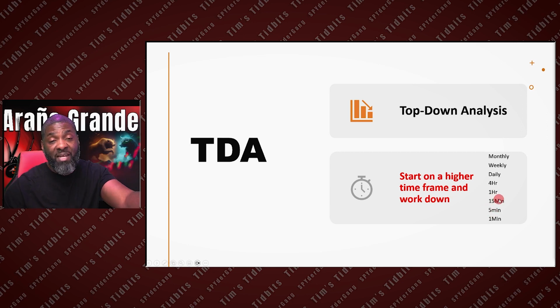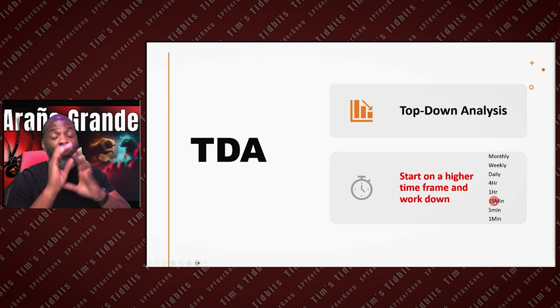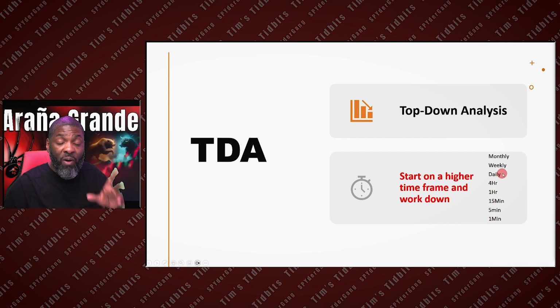If it's a 15 minute, I make my decisions on the 1 minute. But I look at all the time frames to see what PD arrays are present, so if it's a 4 hour PD array, then I'm looking at what the 15 minute is doing in reference to that 4 hour PD array.